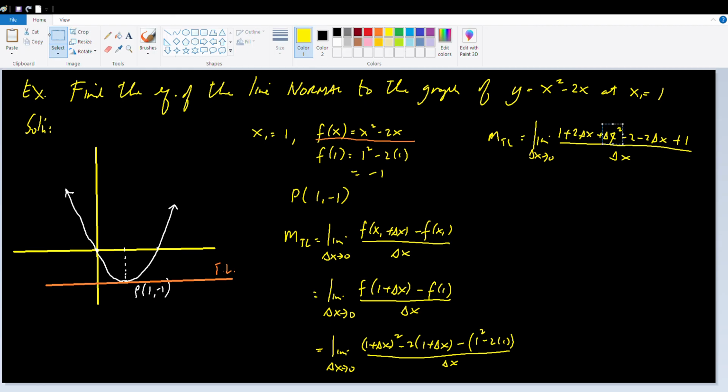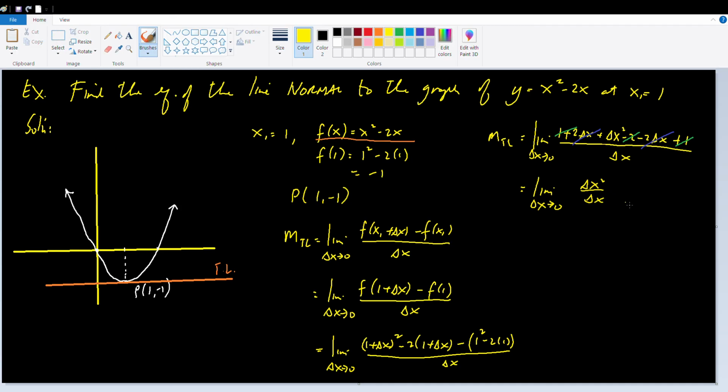That is delta x squared. Alright. So what do we see here? 1 minus 2 is negative 1 plus 1 is 0. So for the remaining terms in the numerator, 2 delta x cancels with negative 2 delta x. So what remains in the numerator is delta x squared all over delta x as delta x approaches 0.